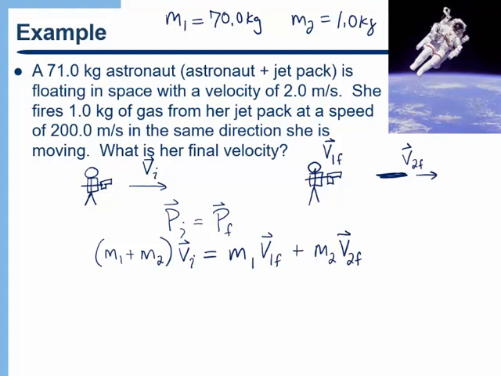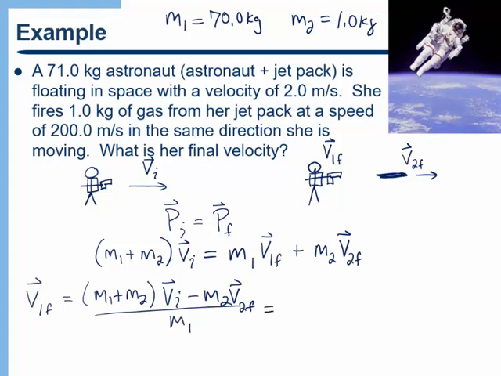So the question is, what is v1 final, and is she still moving in the same direction she was initially, or did she reverse direction by shooting her jetpack? Well, I'm going to solve it algebraically, as we always do. v1 final is going to be equal to m1 plus m2 times v initial minus m2 v2 final, divided by m1.